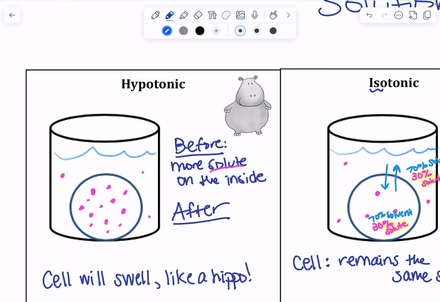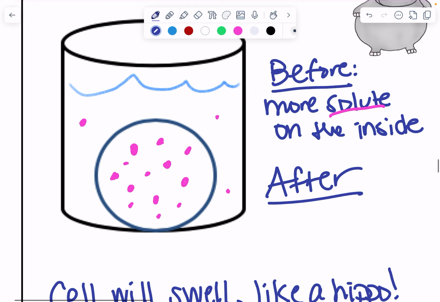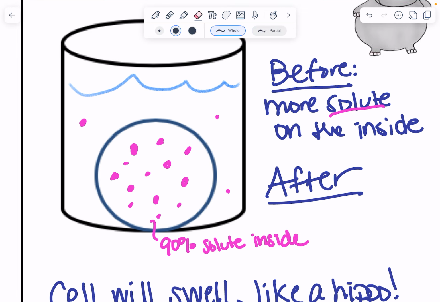Okay, so the after is the water is going to go towards the side where there are more solute particles. So if I was going to quantify this, okay, I would say that there are, I don't know, 90% solute on the inside and 20% solute on the outside.